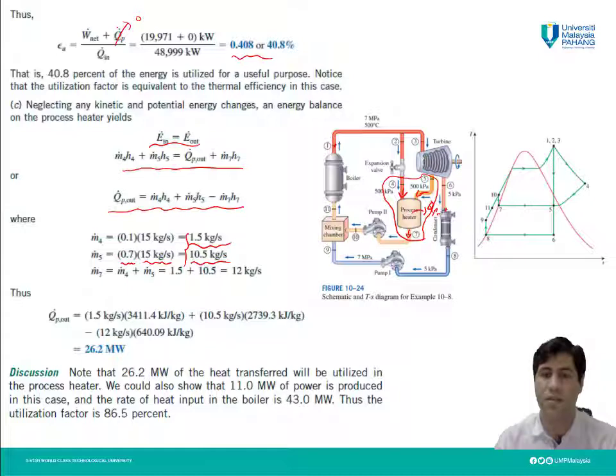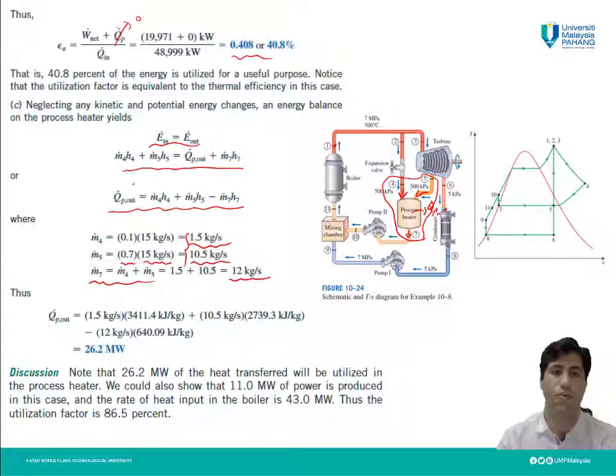Because of the conservation of mass flow rate for a system, all of the mass which comes to the system by these two lines will be equal to the mass which goes out by this line. So m dot 7 is equal to m dot 4 plus m dot 5: 1.5 plus 10.5 is equal to 12 kilogram per second at state 7.